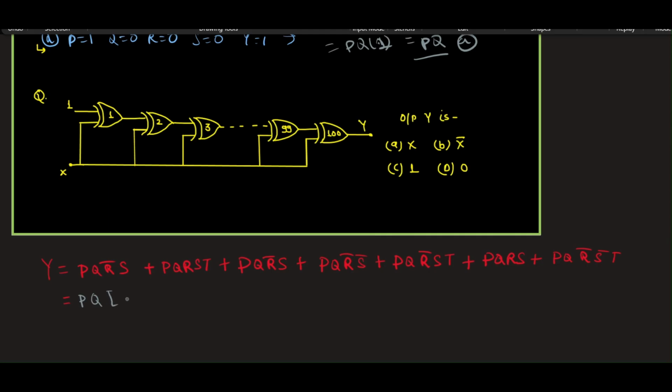Taking PQ common, you will be getting here R bar S plus R S T plus R bar S plus R bar S bar plus R bar S T plus R S plus R bar S bar T.